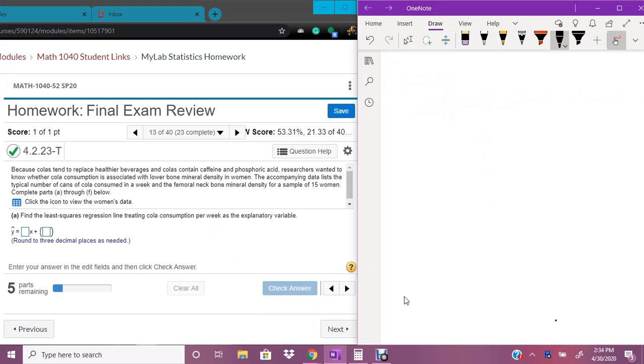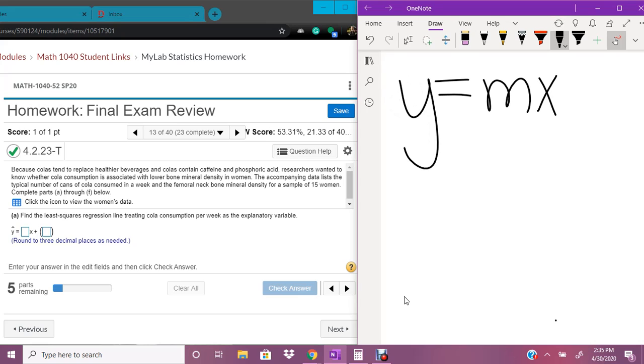Something that people tend to remember learning in high school, and I feel like there's memes about it, is the equation y equals mx plus b. You're probably somewhat familiar with it. That is what the least squares regression line is.